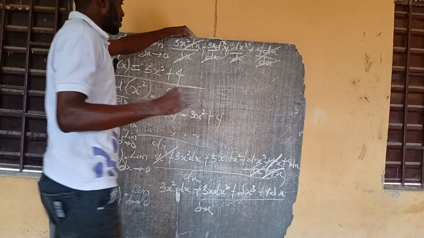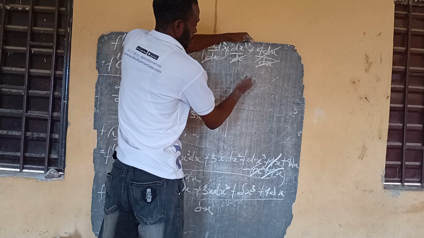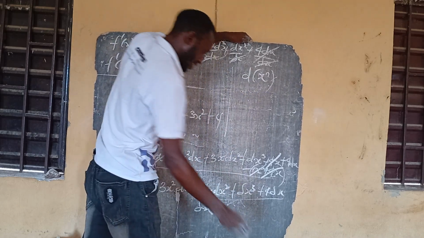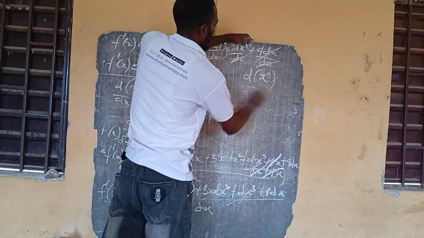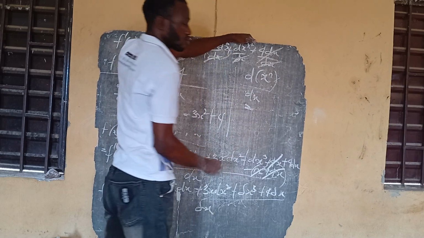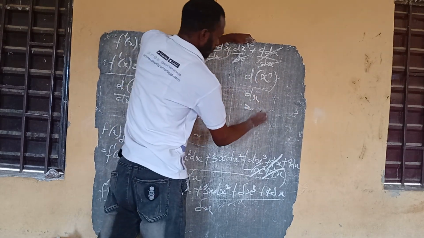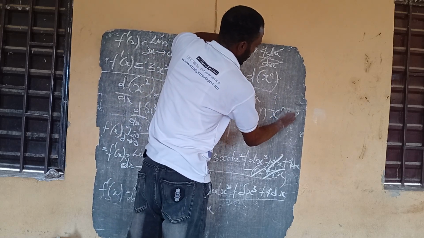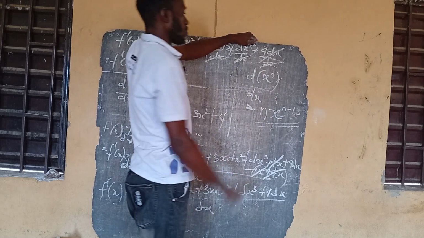Then we can surmise that the derivative of any x raised to a particular exponent n will be equal to n times x raised to the power n minus 1.